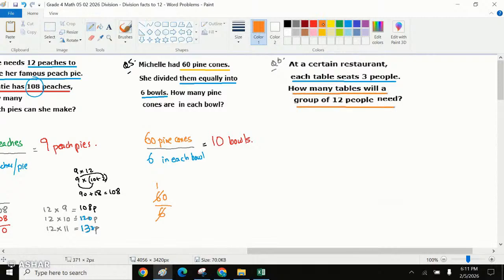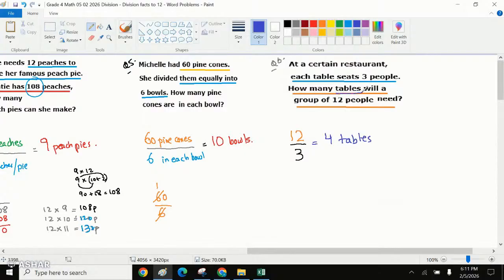So we know that there are a total of 12 people and 3 people can be accommodated per table, right? Yes, thank you, May. That means our final answer is we can arrange people on 4 tables, right?